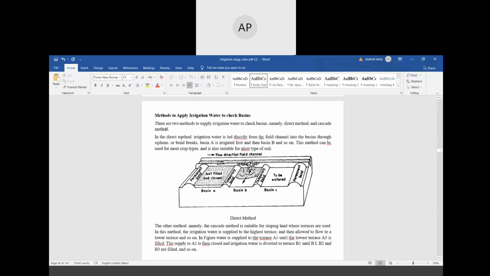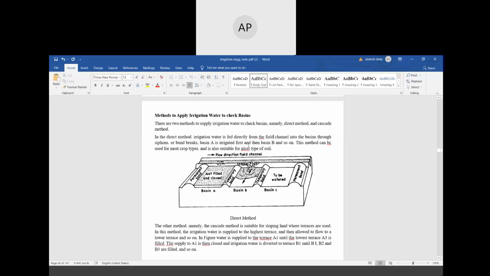In the direct method, irrigation water is fed directly from the field channel into the basins through ponds or bund breaks.